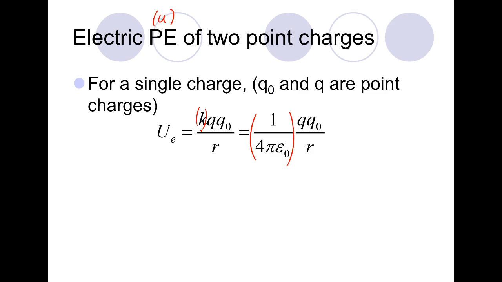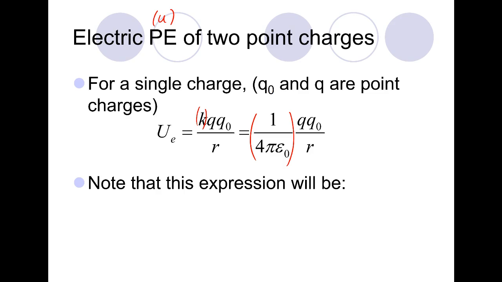Notice that this is different from the force, because the force goes as q1 q2 over R squared. And this is also different from the field, because the field is kQ over R squared. So towards the end of this presentation we'll look at all of these different expressions.